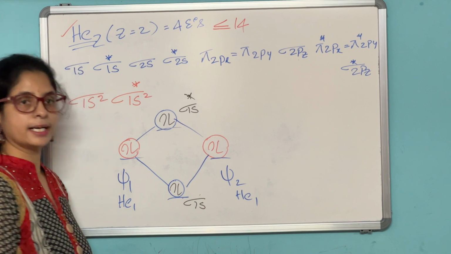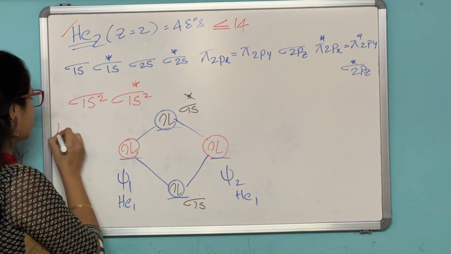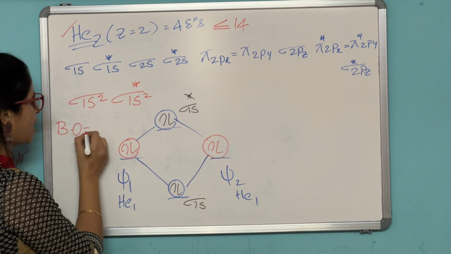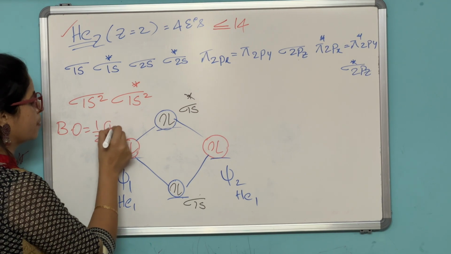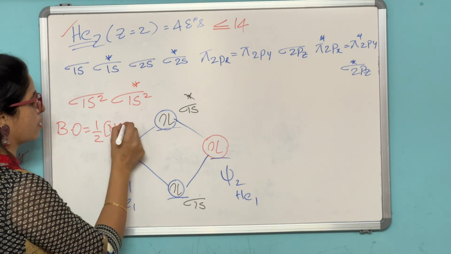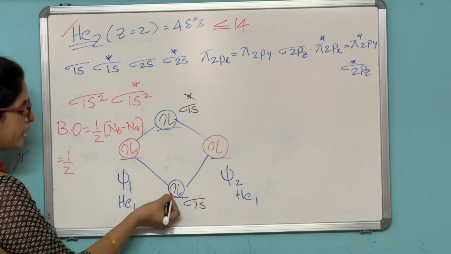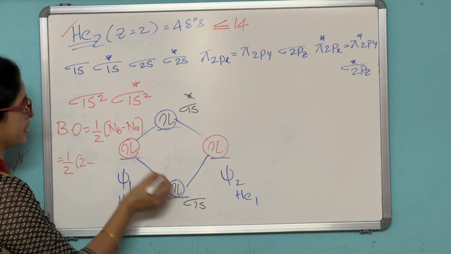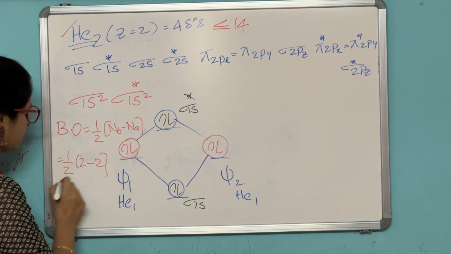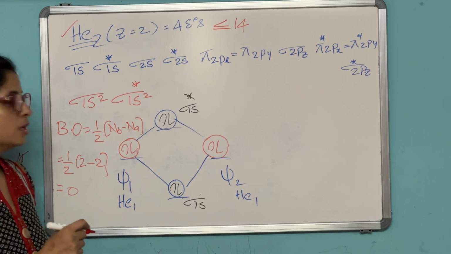Now calculate the bond order. Bond order is half of the difference between the number of bonding and anti-bonding electrons. Bonding electrons 2 minus anti-bonding 2, so the bond order is 0.